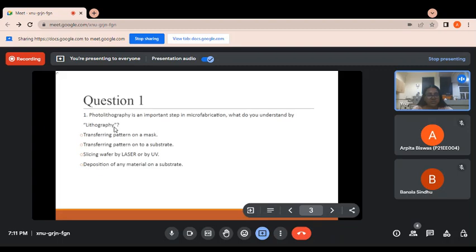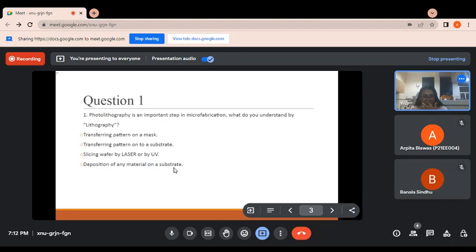For the lithography stage, at first we have to deposit some material on the substrate, then we transfer the pattern of the mask to that substrate or that deposited material. So deposition is not part of it; it is the previous stage of the lithography.